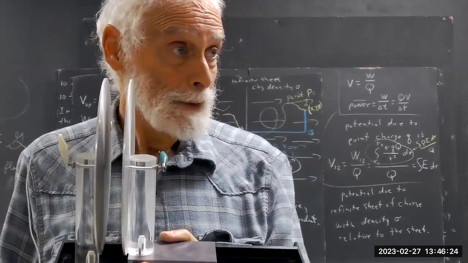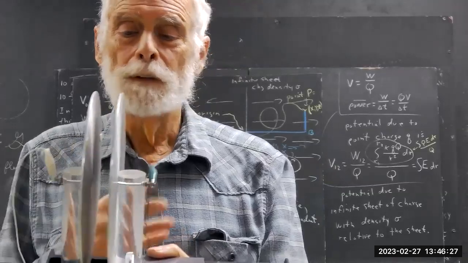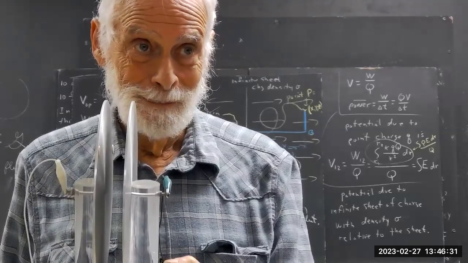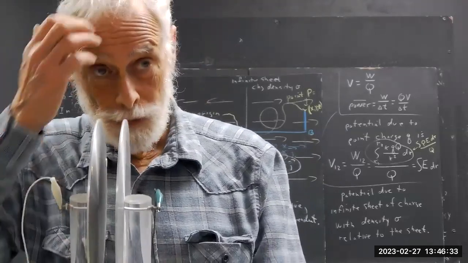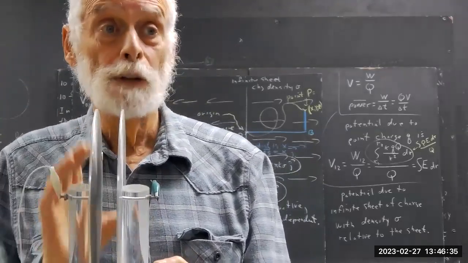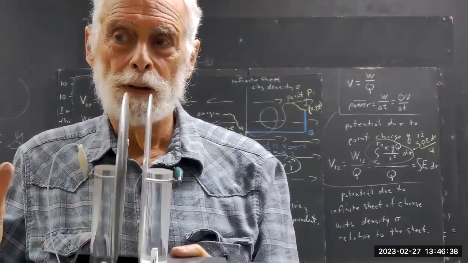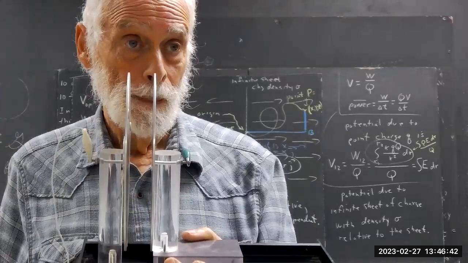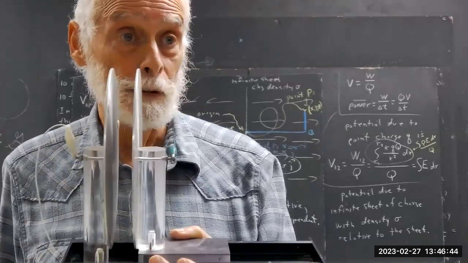Very simple. The field cancels out outside the plates. You get some edge effects, so it's not totally zero outside the plates, but at any significant distance from the plates you have essentially no electric field. But between the plates, you've got a strong field.